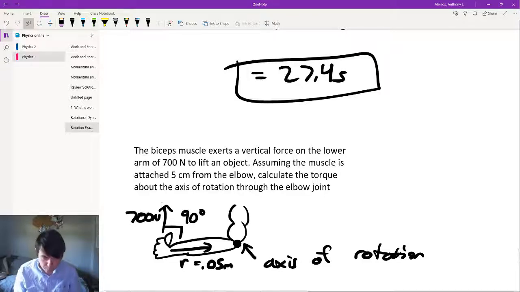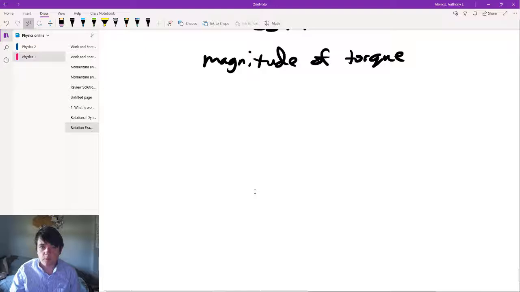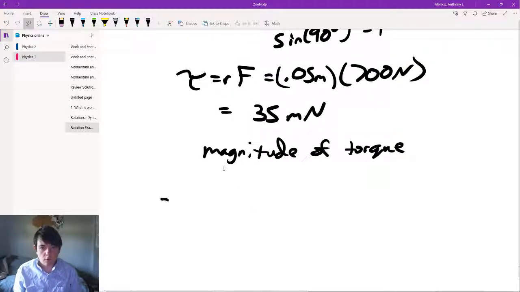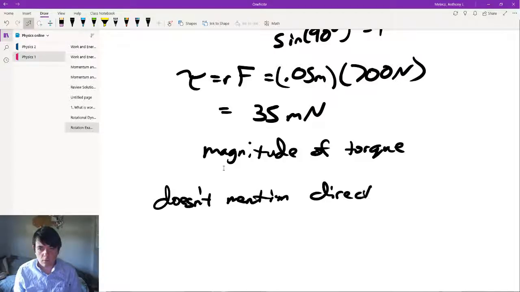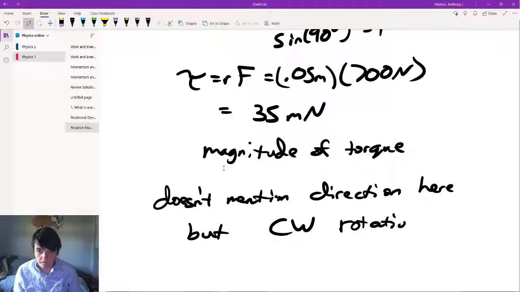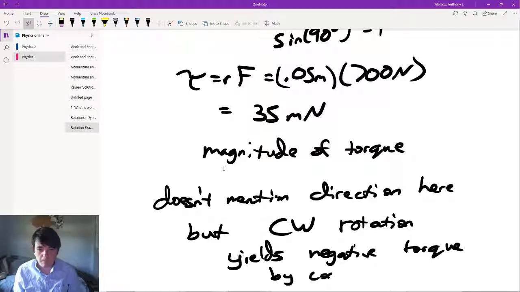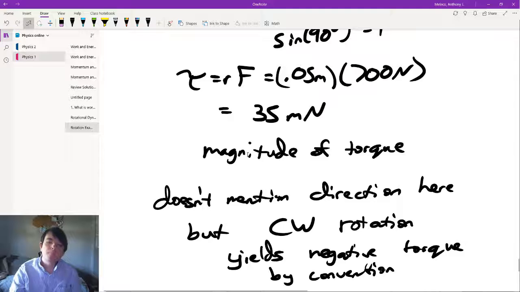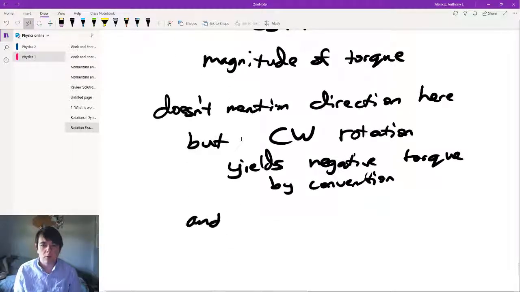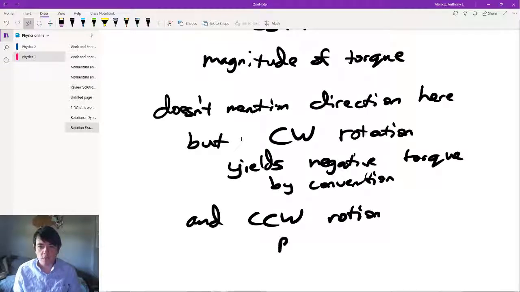With the way it's drawn here, this would give us a negative torque, because clockwise rotation yields negative torque by convention, and counterclockwise rotation is positive torque.